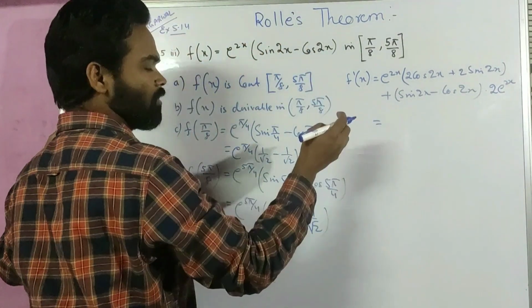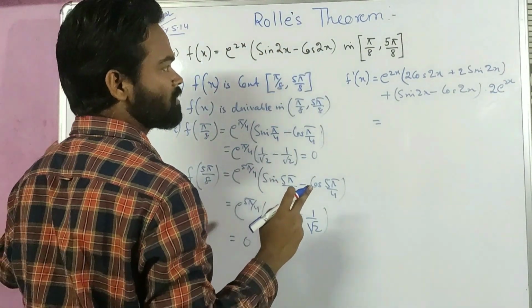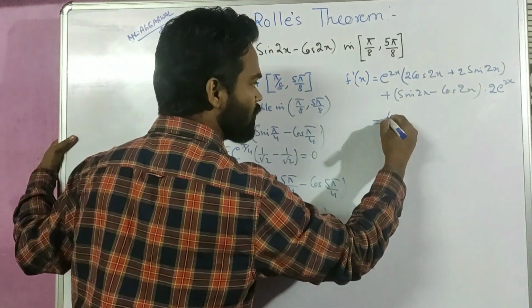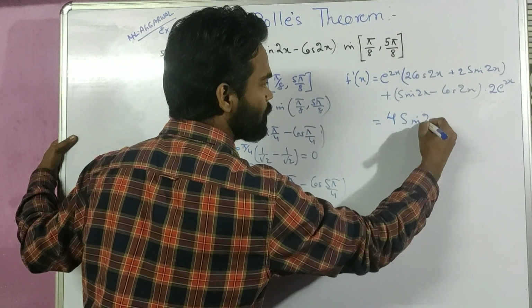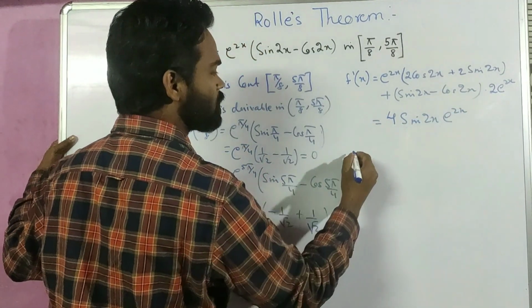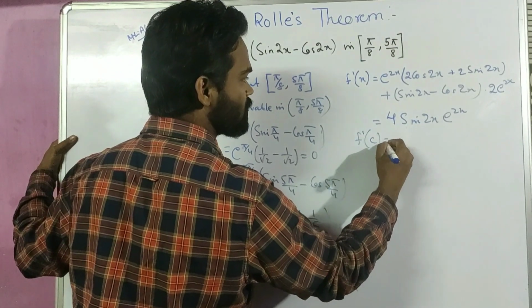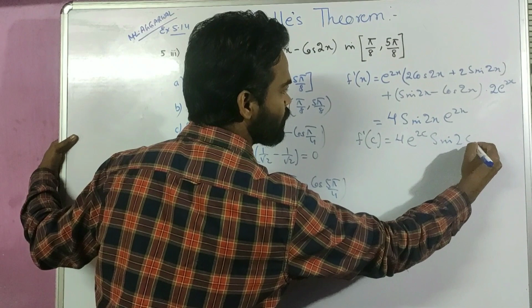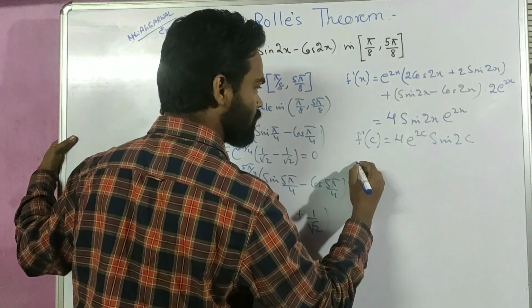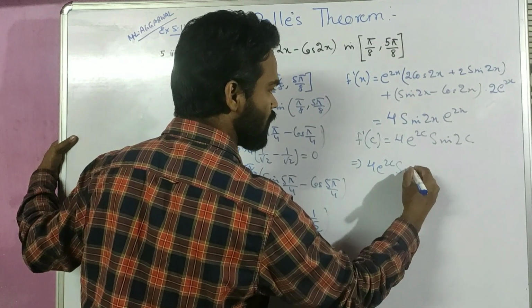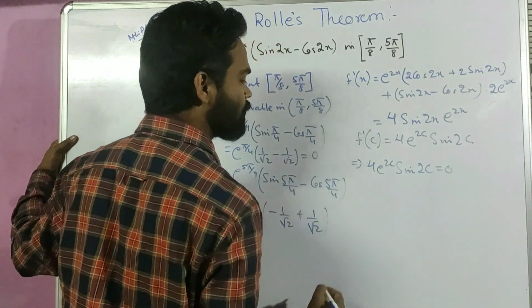Now look carefully, when you open the bracket, cos and cos terms get cancelled, 2 sine 2x and over here 2 sine 2x, which means it will ultimately be 4 sine 2x e to the power 2x. So f dash c is nothing but 4 e to the power 2c sine 2c. Now this will be equal to 0, implies 4 e to the power 2c sine 2c equals 0.